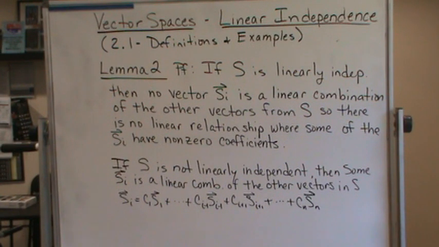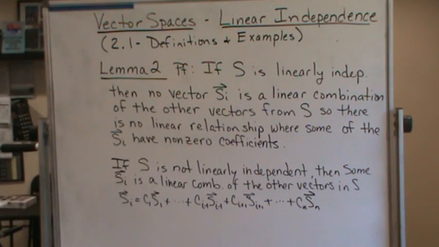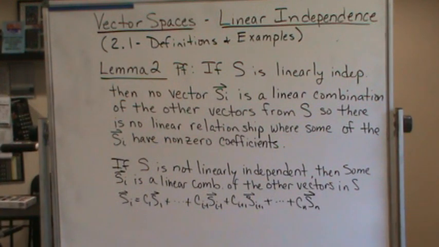Now, what about the other way? This is where the inverse is going to come in. We're going to prove this by using the inverse. So let's suppose that S is not linearly independent. This is easier than trying to show the other direction.